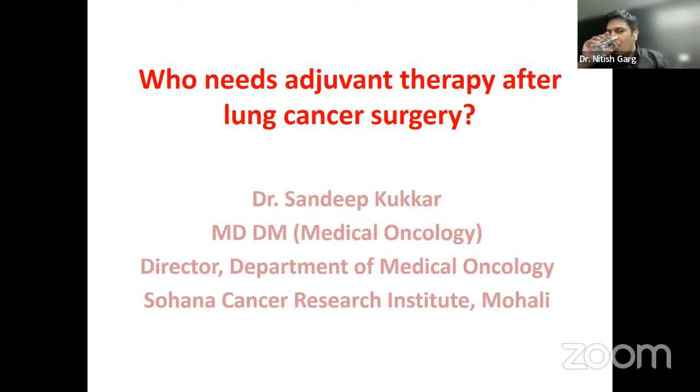So let me start the current topic with the patients who actually undergo lung surgery; the proportion is very less. Approximately 20% of the population in India presents with a disease which is actually resectable. And for decades, we had only the doublet-based, cisplatin-based chemotherapy, which is recommended post stage 2 or stage 1B onwards.